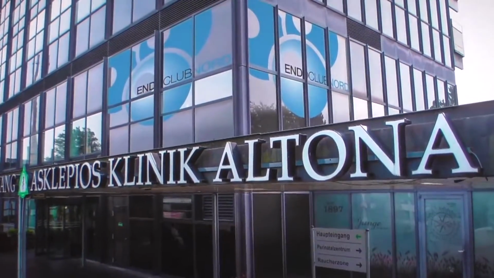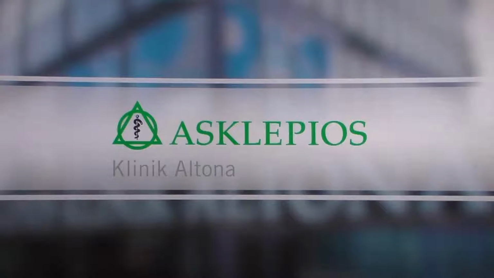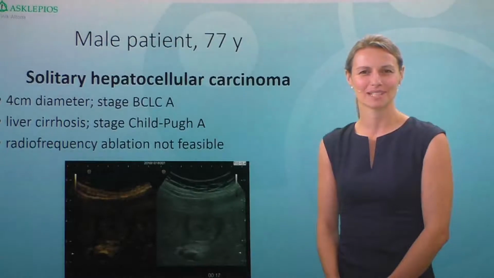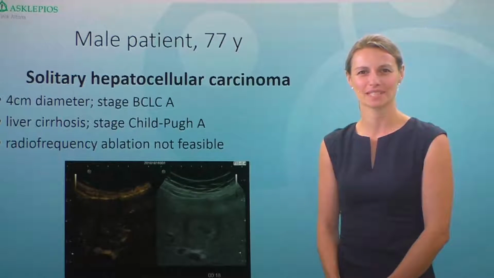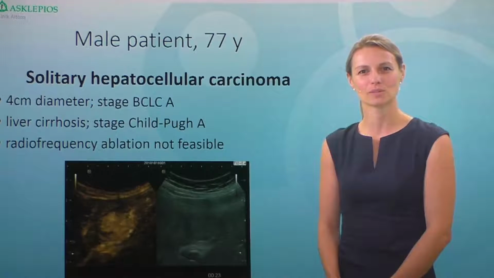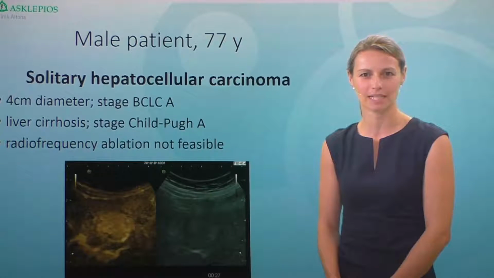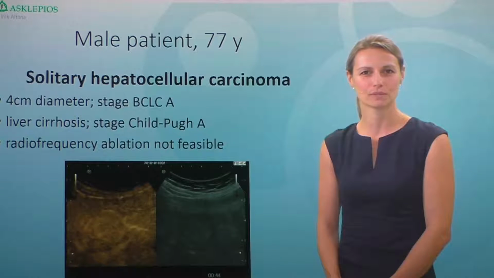And Ms. Haag is in the operating theatre, or is going to present the next case, not in the operating theatre, of course. We have a 77-year-old male patient with solitary hepatocellular carcinoma, and we found a 4 centimeter stage BCLC-A mass lesion.